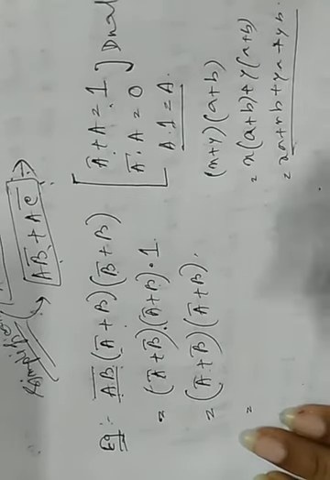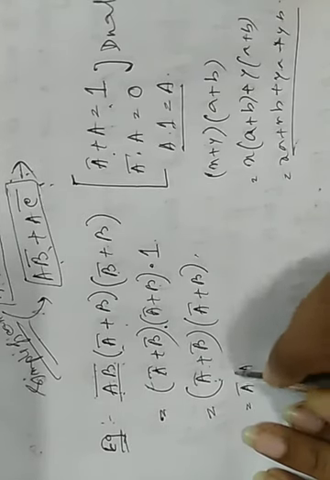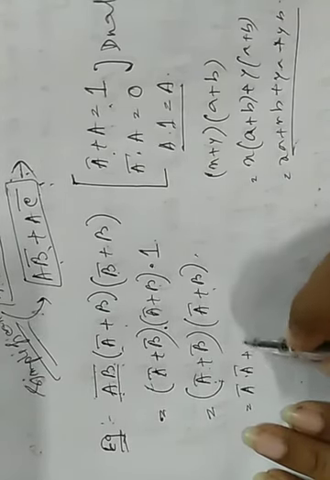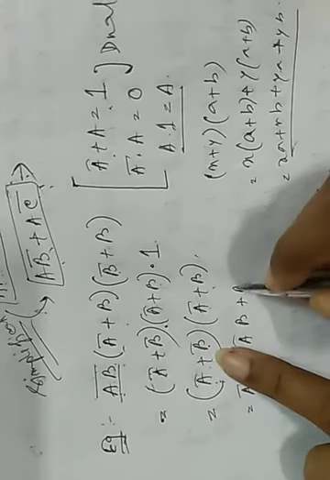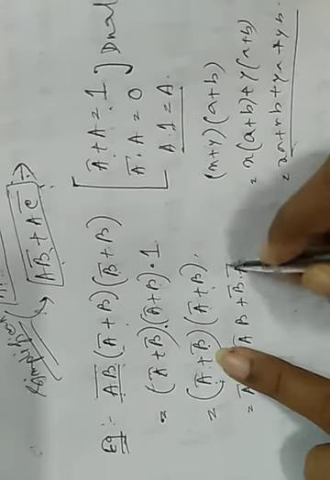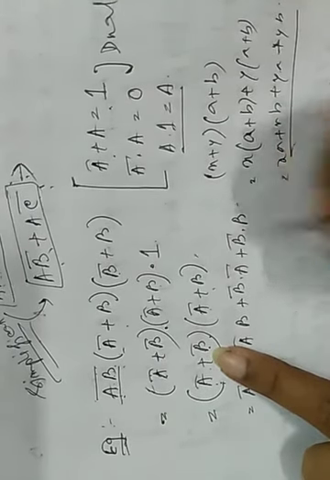I am using this rule. That means a bar dot a bar plus a bar dot b plus b bar dot a bar plus b bar dot b.